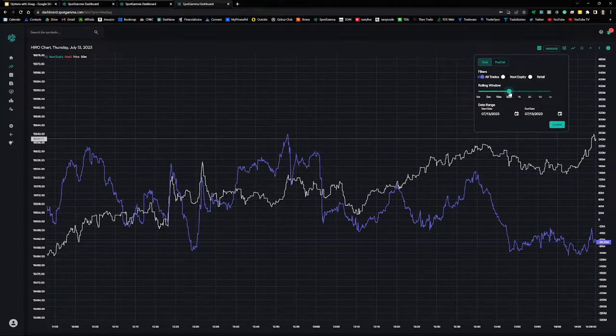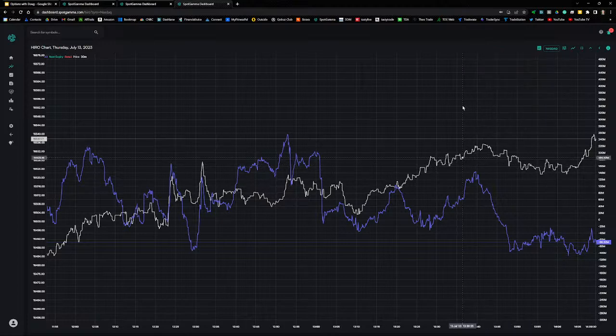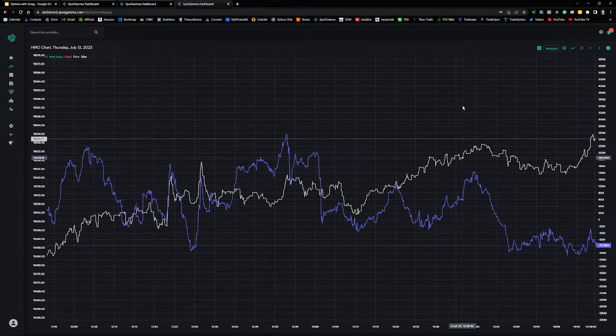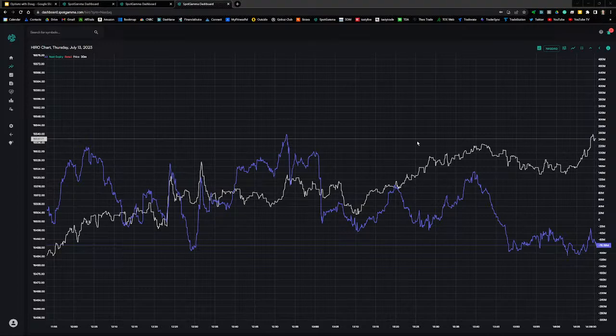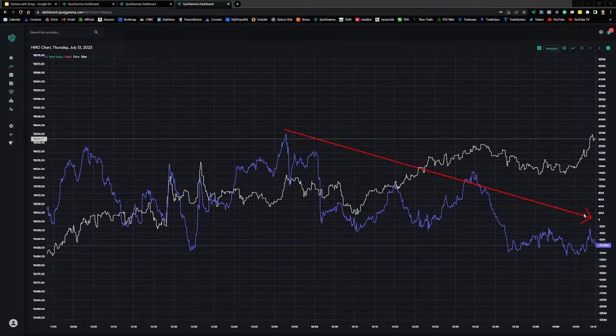Now, if you want to get a more up-to-date or more clear view, you can change this rolling window period. So now I'm only looking at the last 30 minutes of data. And this is showing a little bit different picture of a Hero signal making lower highs.